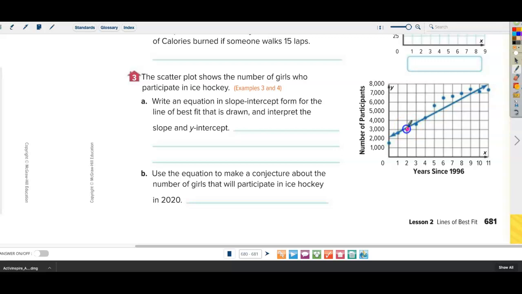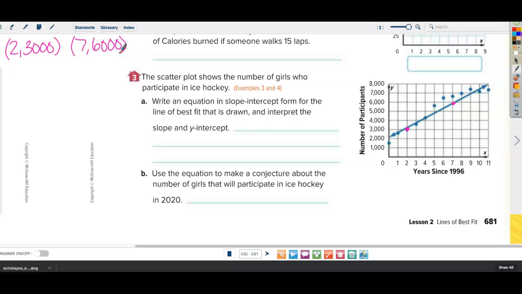I'll pick this point right here, which is 2, 3000. And I'm going to pick this point right here, which is 7, 6000.